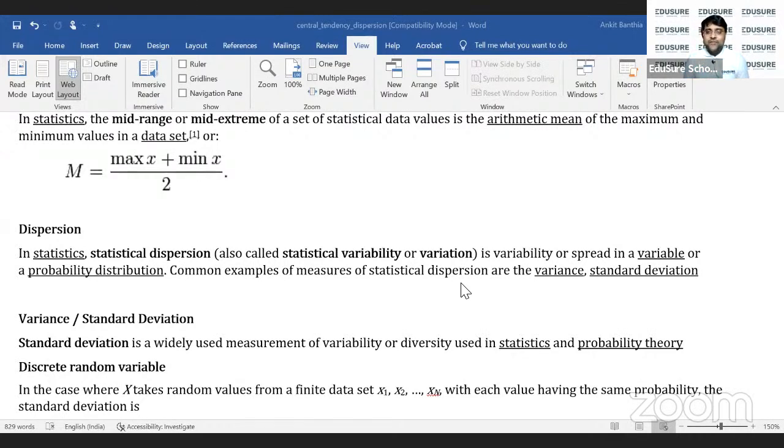And if the data is well spread out, with one value very high and another value very low.